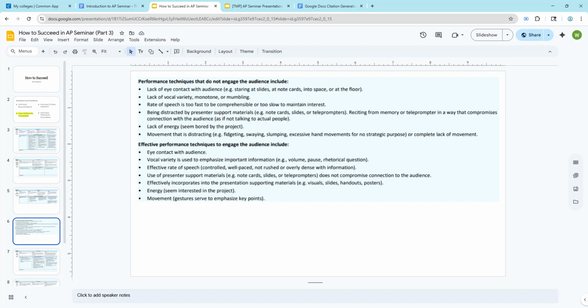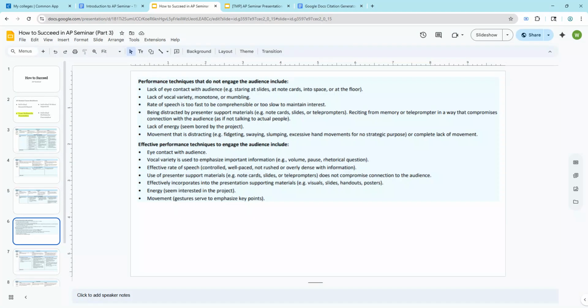Being distracted by presenter support materials, note cards, slides, or teleprompters. Reciting from memory or teleprompter in a way that compromises connection with the audience, as if not talking to actual people. Lack of energy, seeming bored by the project. Movement that is distracting: fidgeting, swaying, slumping, excessive hand movements for no strategic purpose, or complete lack of movement.